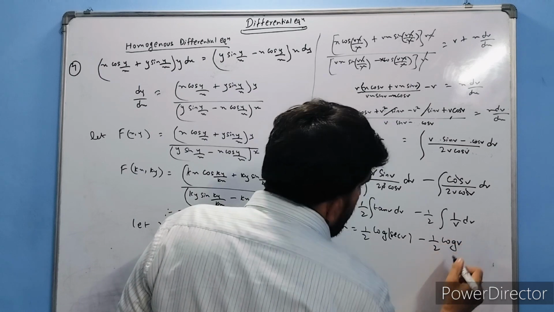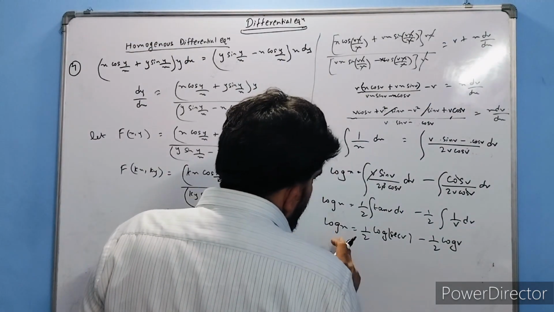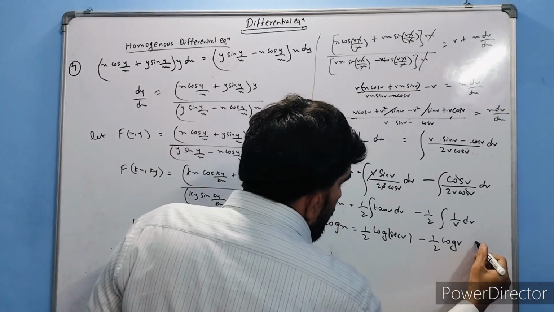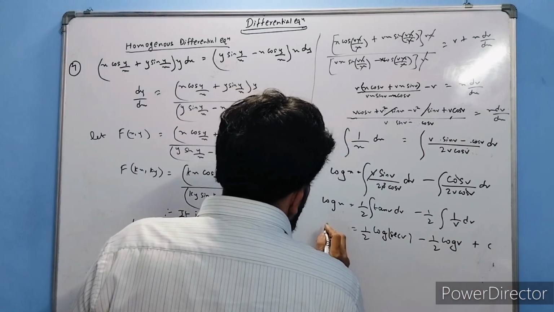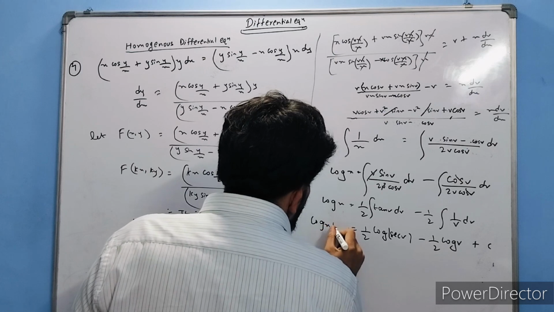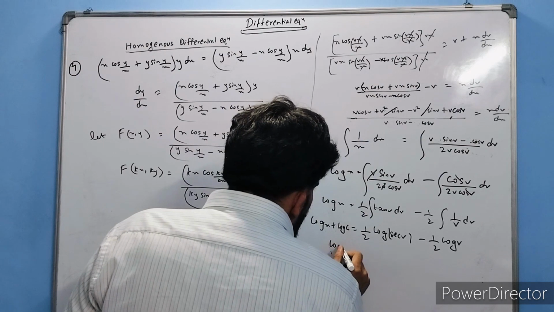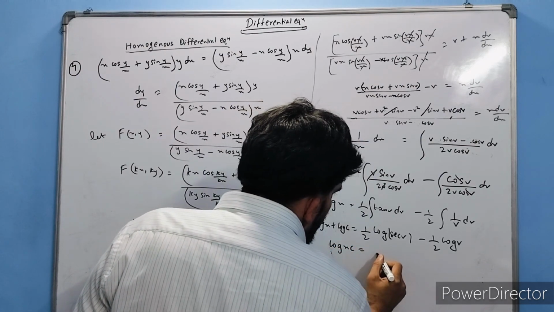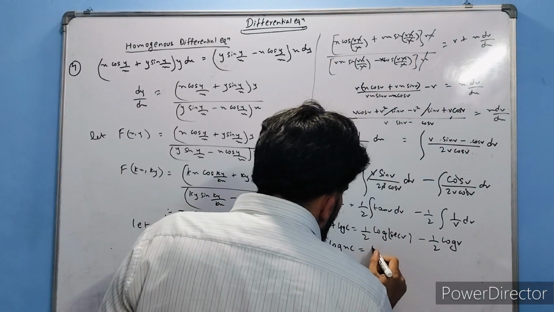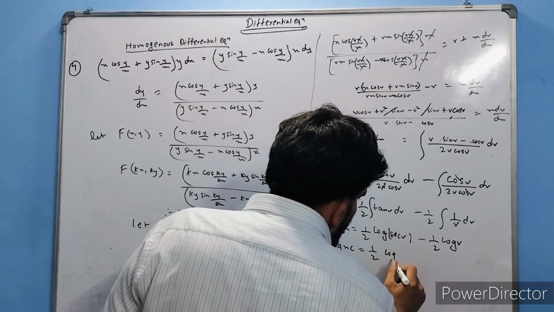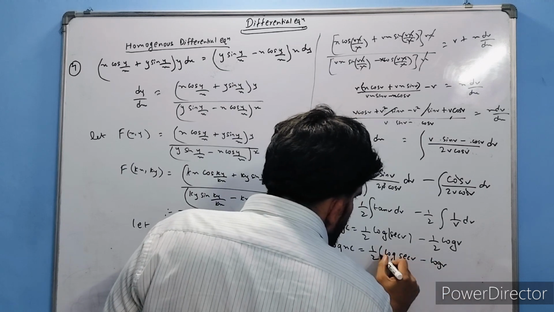log of v. Okay, so I have got this, that is log of x is equal to, plus c, or here I can take this log of x plus log of c. So now we can write log of xc is equal to, we'll take half common here, so we'll have log of sec v minus log of v.